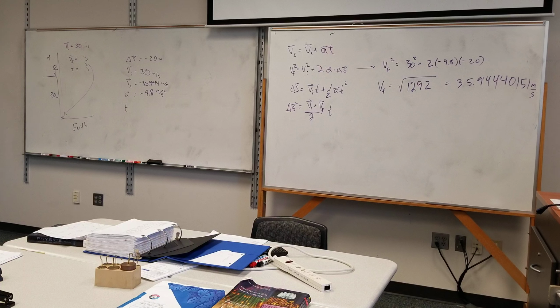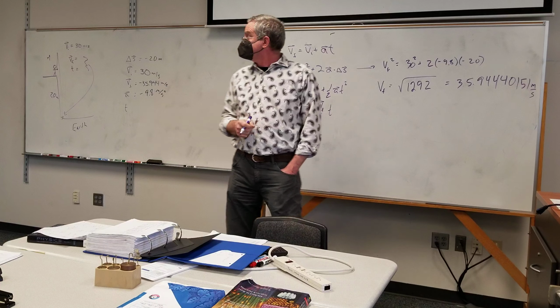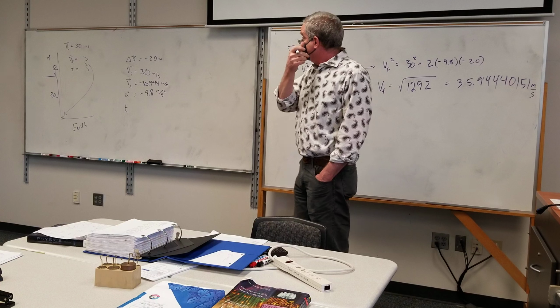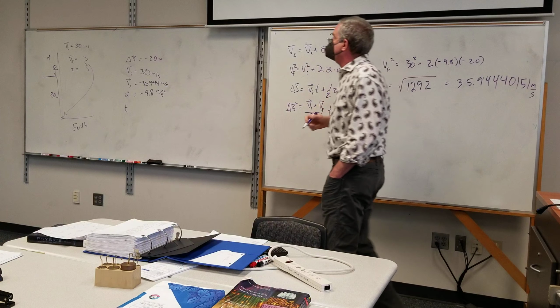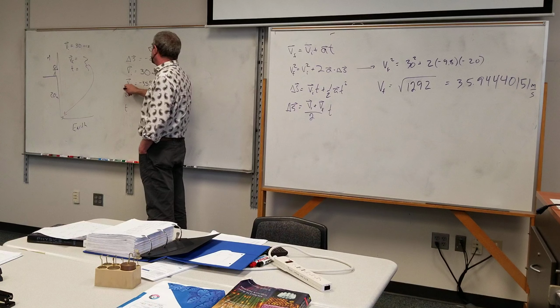Why is it negative? Because it's traveling downward, and the up direction's positive. The sign of velocity depends upon which direction it's moving. And for those who are still struggling with my handwriting, that is an F there.